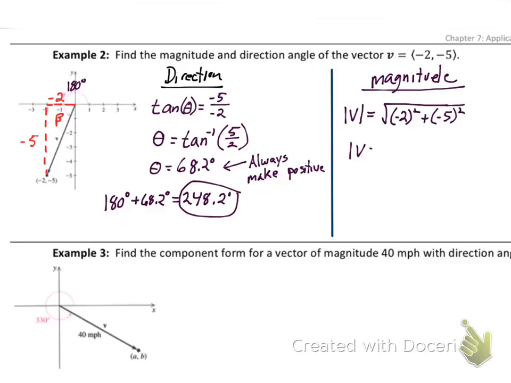That means my magnitude is going to equal the square root of 4 plus 25, which is 29. And that's all the work you have to do, unless you can actually take the square root or simplify it. All right, so the direction is the hardest of the two, you have to make a triangle. You're probably going to use tangent, and you're going to go from there.